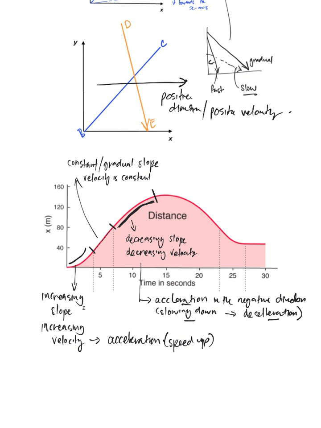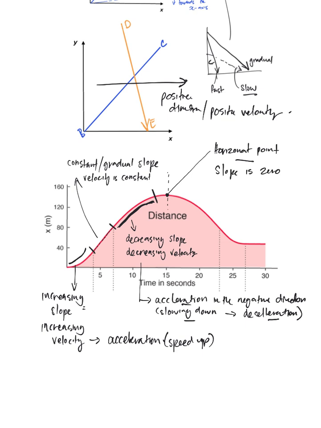Right. Then if I look here at this graph, I reach a little bit of a peak. So at this peak point here, I know that nothing is happening. It's called a horizontal point. And at a horizontal point, it means the slope is 0.